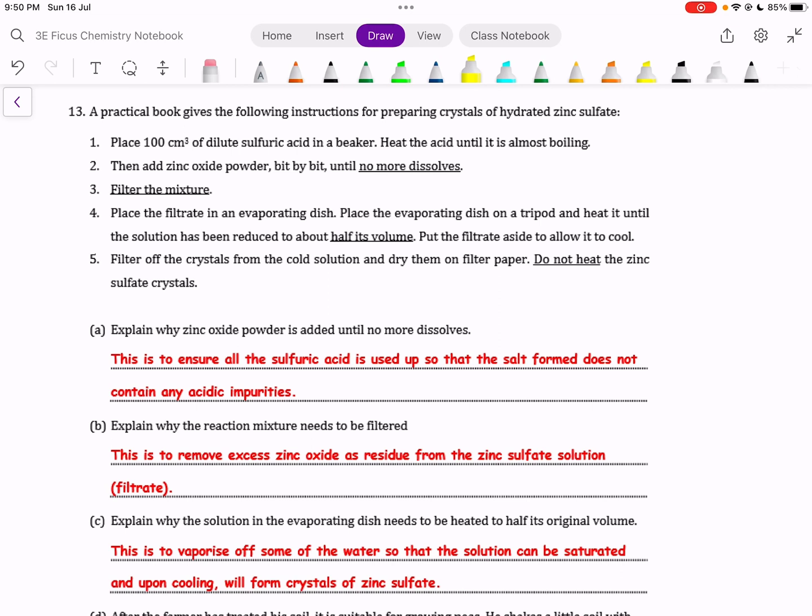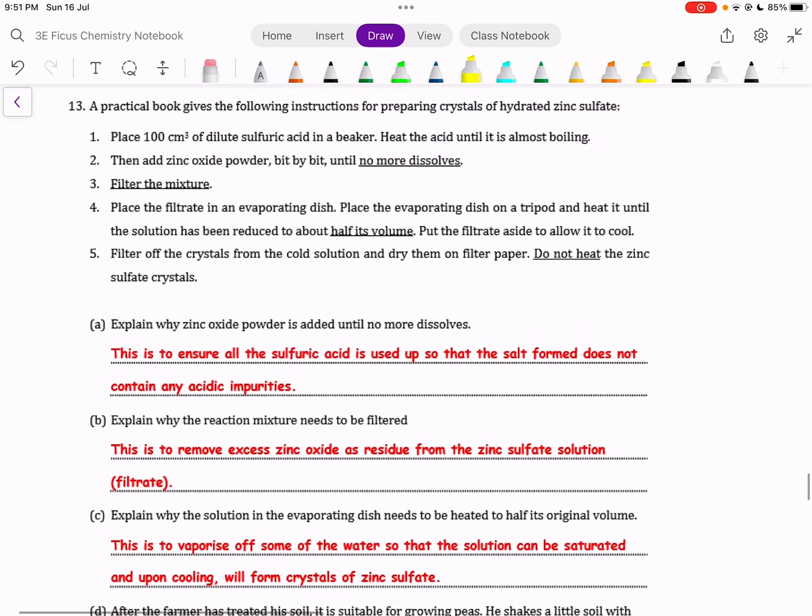Then add zinc powder bit by bit until no more dissolves, and filter the mixture. Step 4, place the filtrate in an evaporating dish. Place the evaporating dish on a tripod and heat until the solution has been reduced to half its volume. Put the filtrate aside to allow it to cool. Then filter off the crystals from the cold solution and dry them on a filter paper. Do not heat the zinc sulfate crystals.